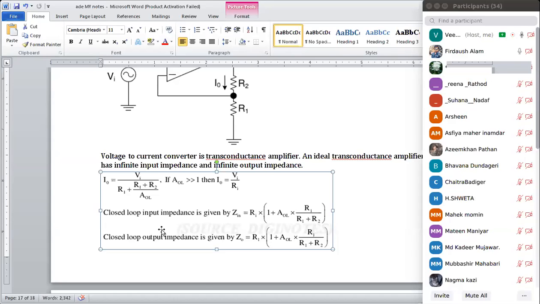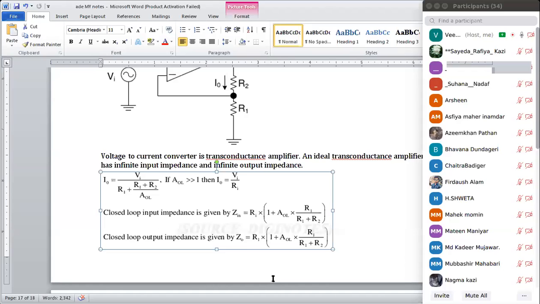The closed loop input impedance and output impedance, as we said, are infinite. In which fashion can we calculate it? Zi equals Ri, here it is the total internal resistance, so Ri into 1 plus AOL into R1 by R1 plus R2.